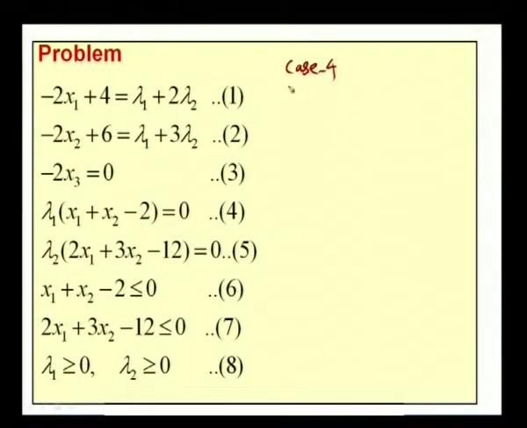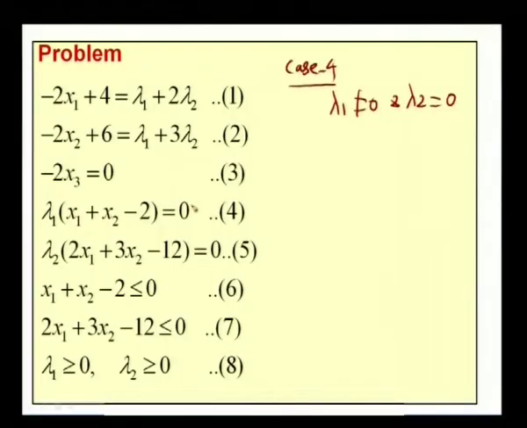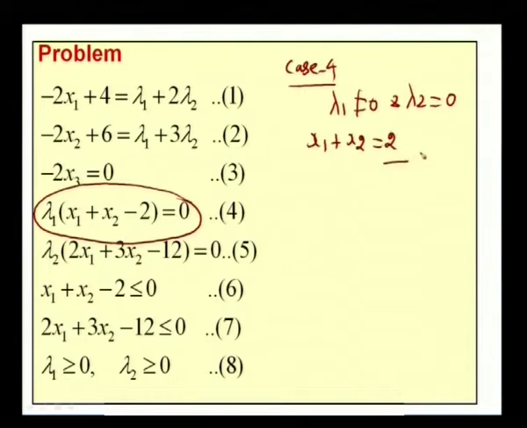Now, we will consider our final case, in which lambda 1 is non-zero and lambda 2 equal to 0. Since lambda 1 is non-zero, from equation 4 we have x1 plus x2 equal to 2. We name it as equation A. Now, lambda 2 equal to 0 is given.